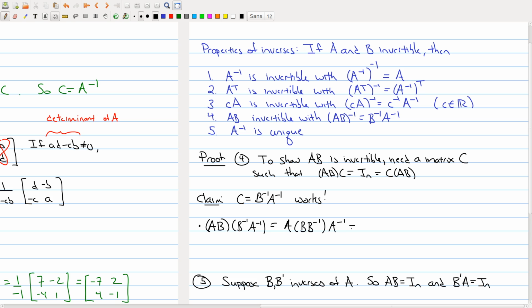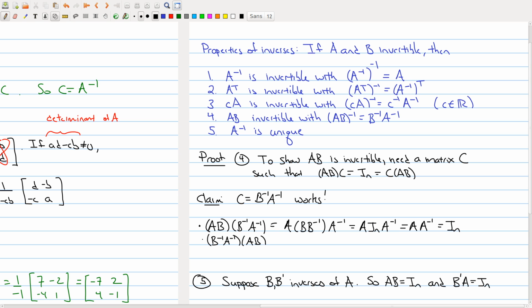This part inside is just the identity matrix. And A times the identity matrix is just A, and then A times its inverse is equal to the identity. Then if we do this on the other side, we get the exact same thing.